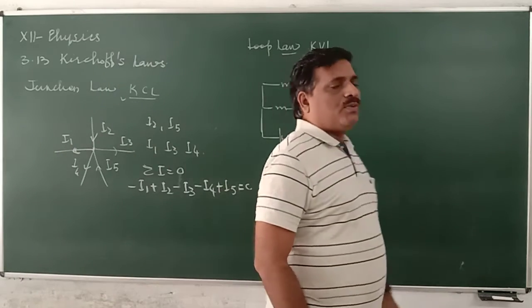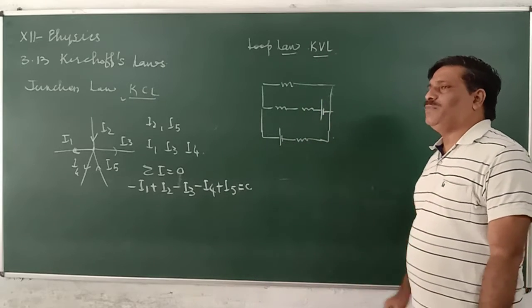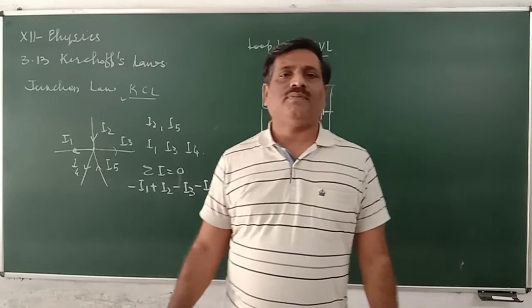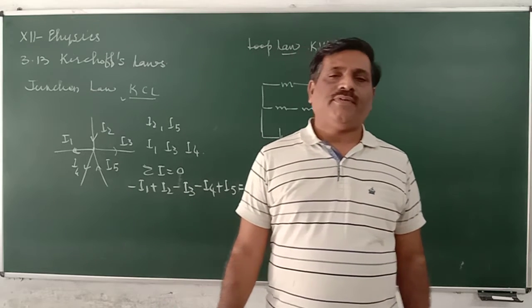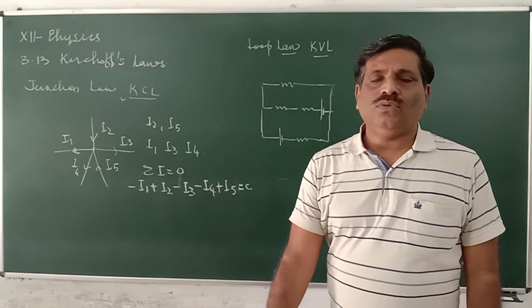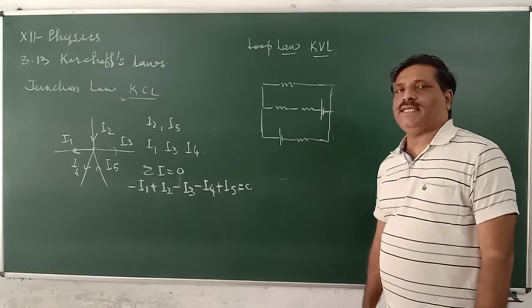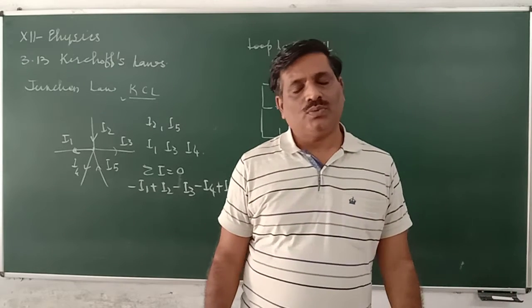In Kirchhoff's voltage law, the statement is very simple: the algebraic sum of changes in potential difference due to the different cells and resistances is 0.